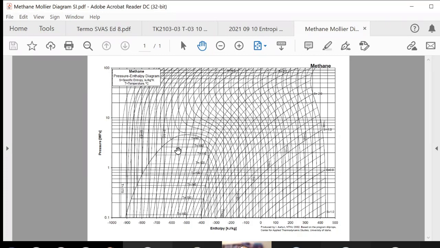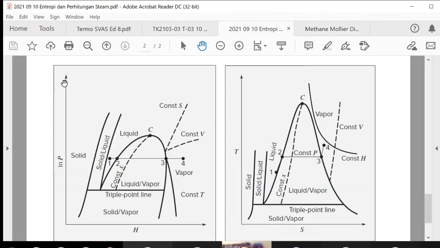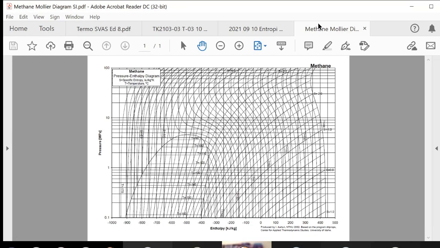Okay, so in the Mollier diagram, it is pressure versus enthalpy, P versus H. The same thing as what we just discussed. This is P, this is H. This is log of the P. Okay, now let's read over here. This is 0.1, this is 1, this is 10.